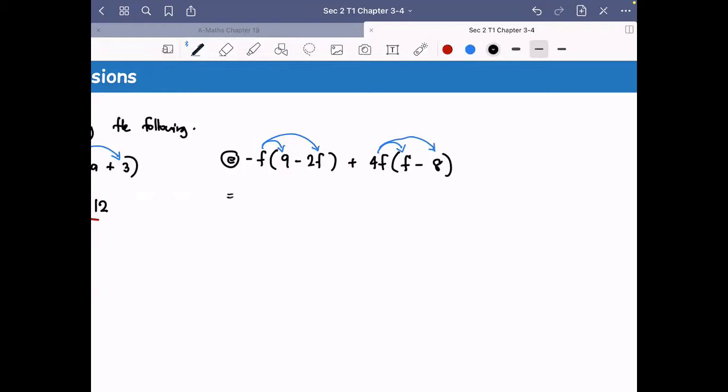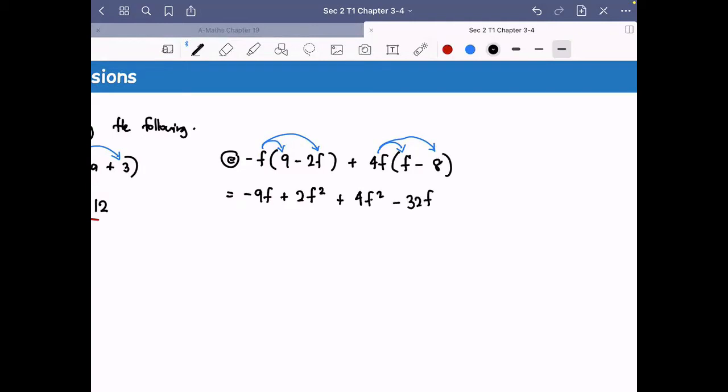So it becomes negative 9F, and then negative F times negative 2F is positive 2F squared. And then plus 4F times F is 4F squared. And then 4F times negative 8 is negative 32F.